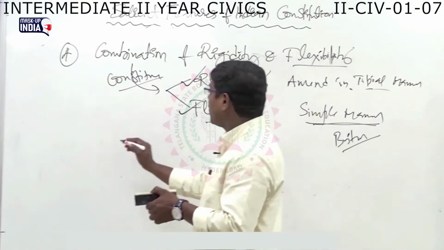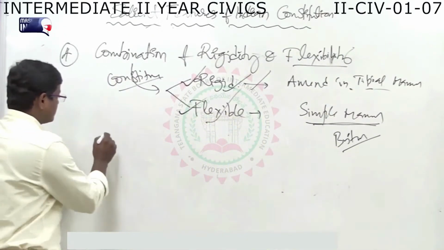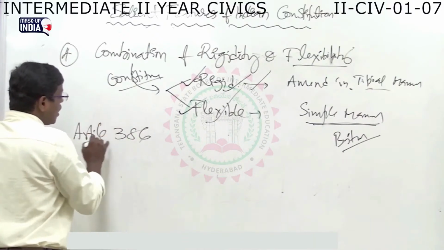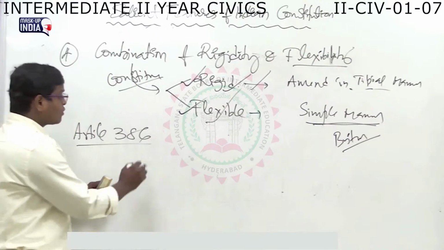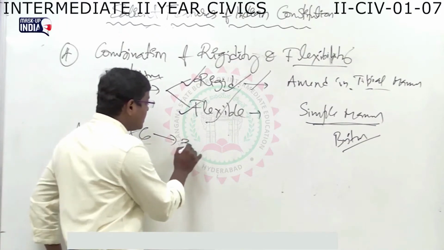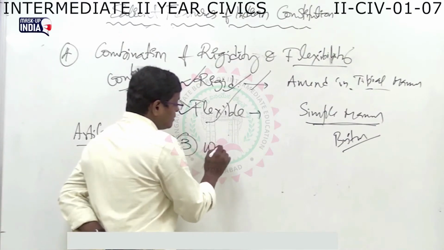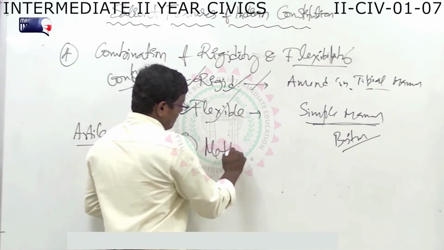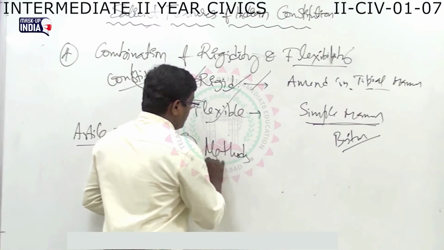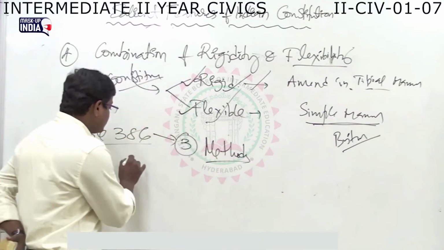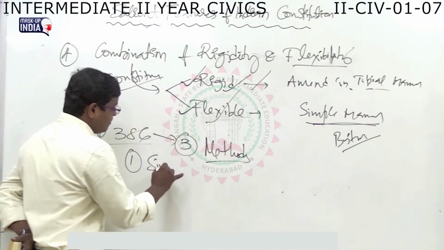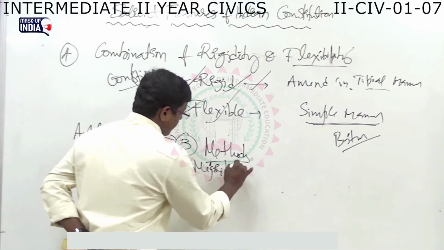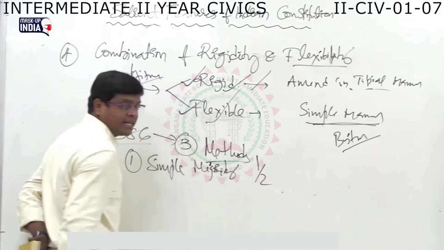Then, according to Article 368, our Constitution of India prescribed three different methods to amend the Constitution of India. What are the methods? One is simple majority, that means 1/2 majority.